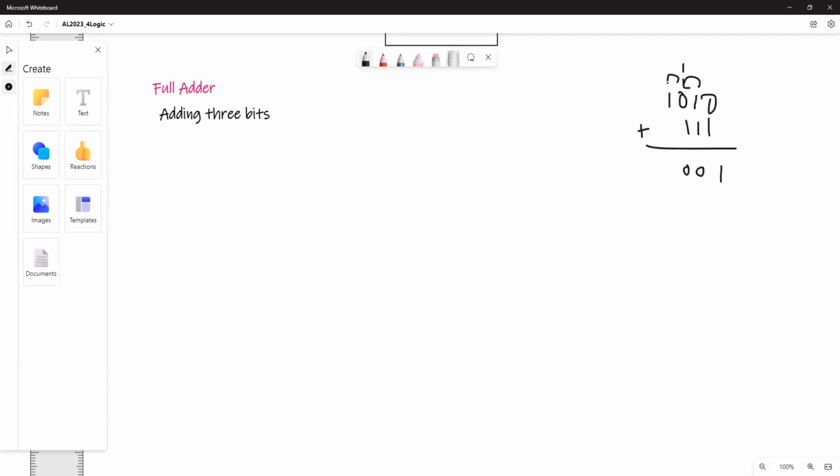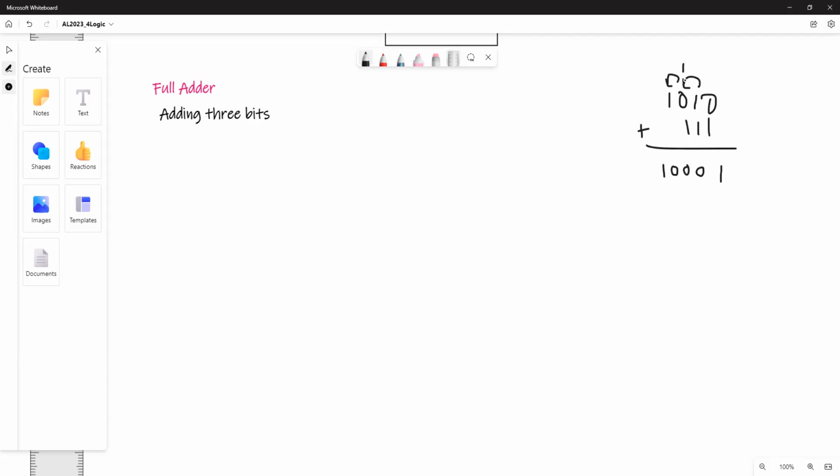There will be a carry bit from here, 1 and 1. This is 0, and then we have 1. So now when you look at some 2-bit addition, actually you will have a 3rd bit also coming from the previous stage, isn't it?